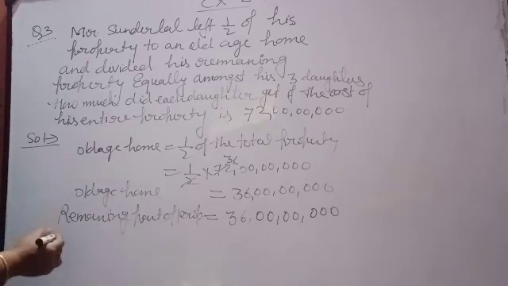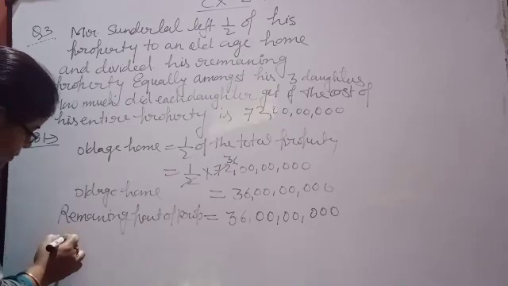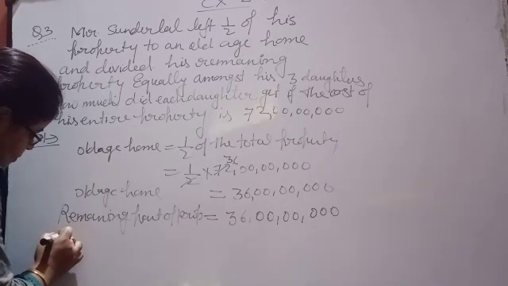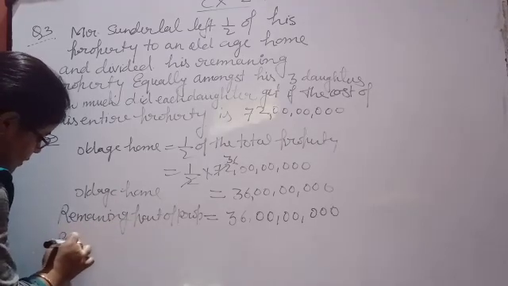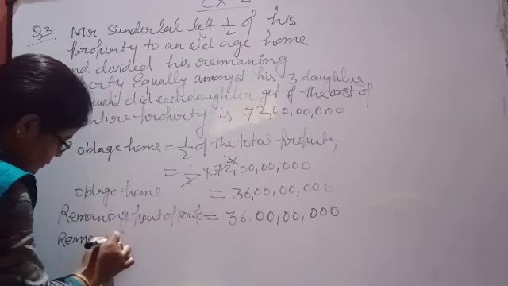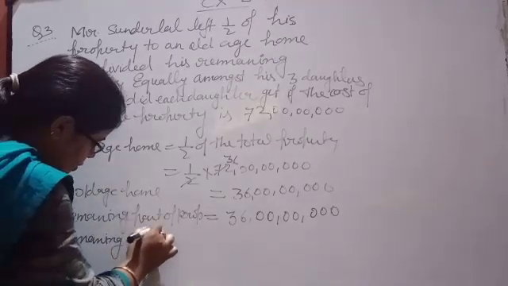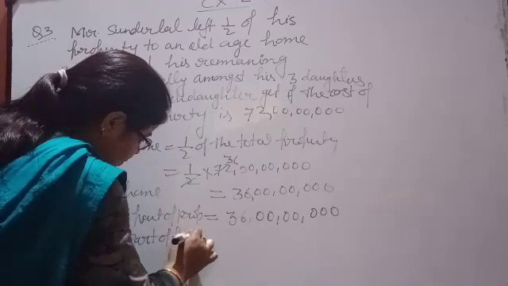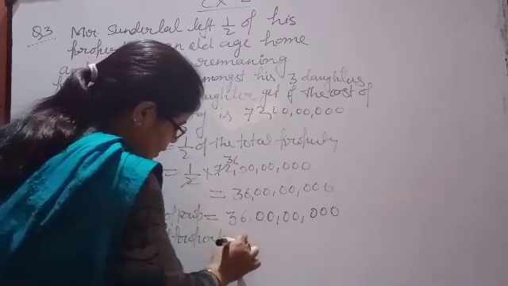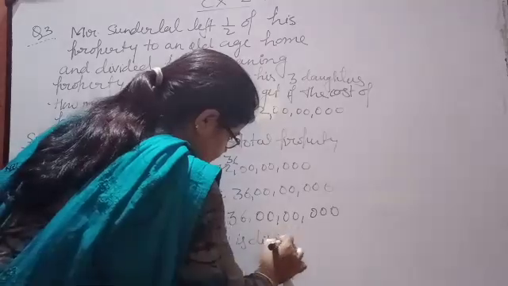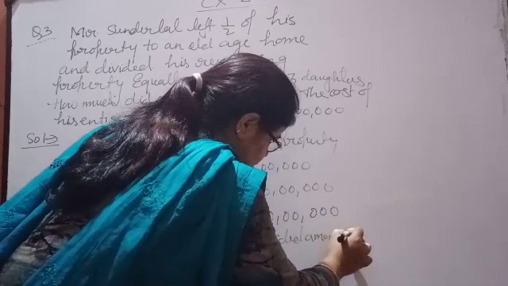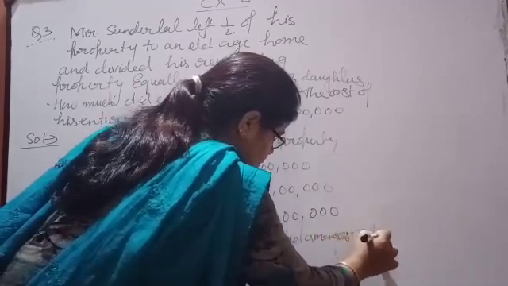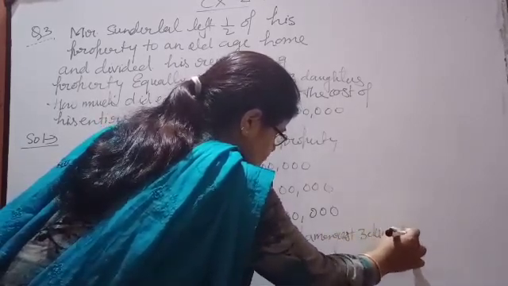So let the remaining part of the property be divided amongst 3 daughters.